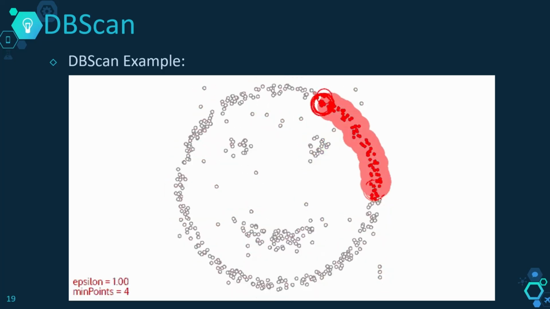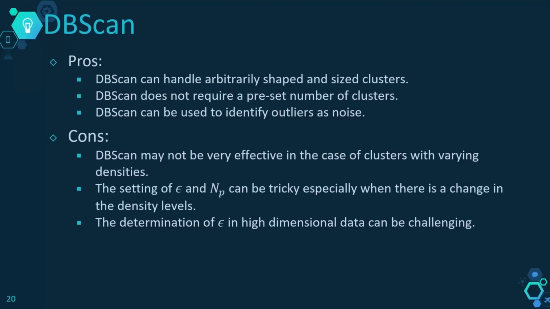In that case, you may only deal with clusters with a circular shape. But this one is not necessarily the case, and it does not require a preset number of clusters. As I mentioned, it depends on the selection of the numbers NP and epsilon. DBSCAN can be used to identify outliers as noise. This could not be done in the algorithms that we introduced before.